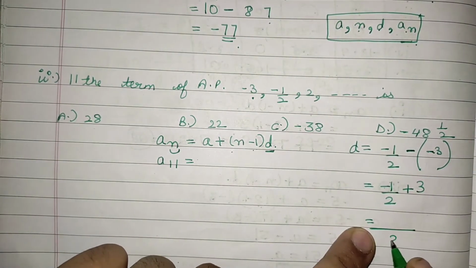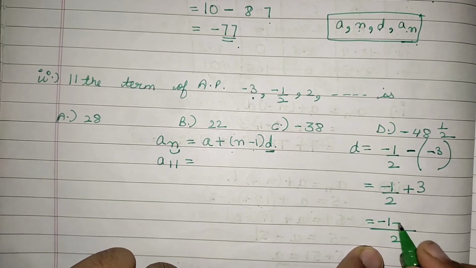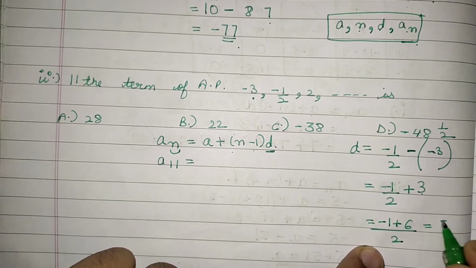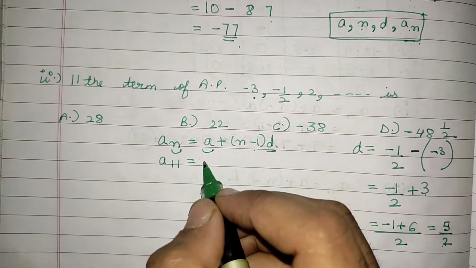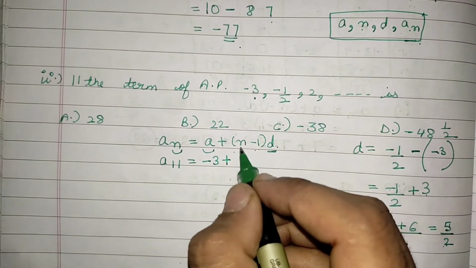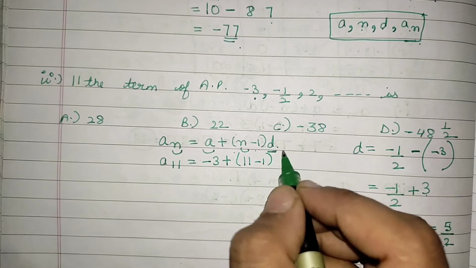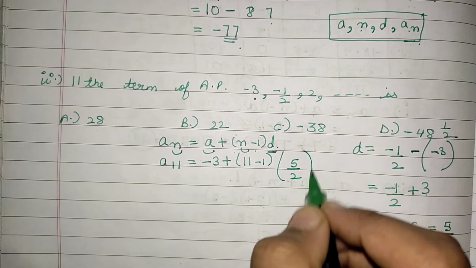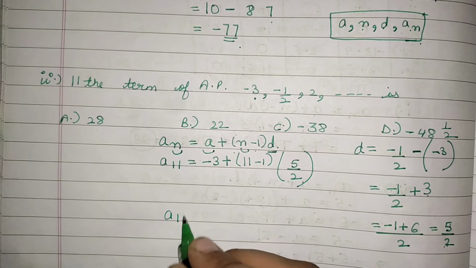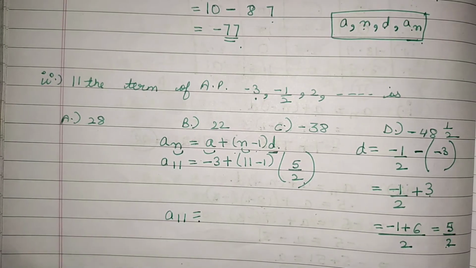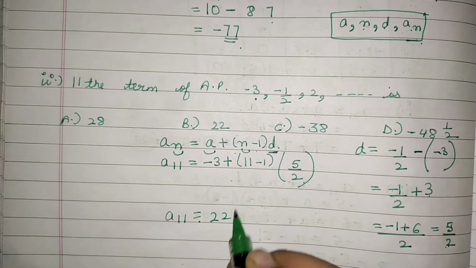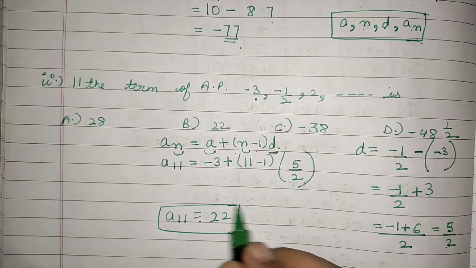With 2 as the LCM, it is minus 1 plus 6, so d is equal to 5 by 2. And a is minus 3 plus (11 - 1) into 5 by 2. After solving all of this, you get your final answer, a11 is equal to 22.